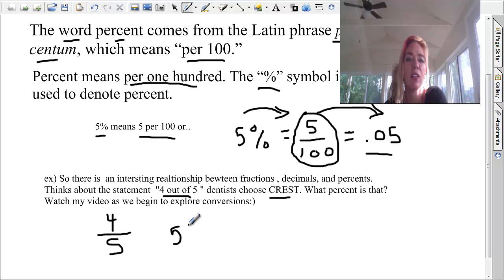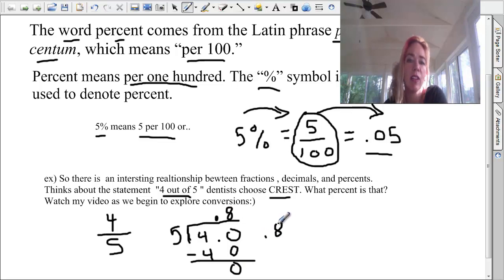So we know that we can divide the denominator into the numerator. And so 5 goes into 40 8 times. Draw the line and subtract. And voila, you have 0.8. So 0.8, or you could even say 0.80, is your decimal equivalent to 4 out of 5.